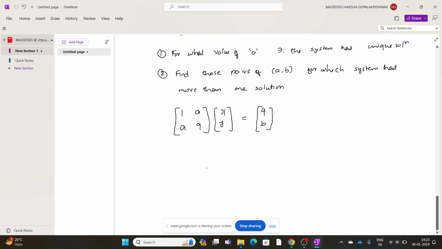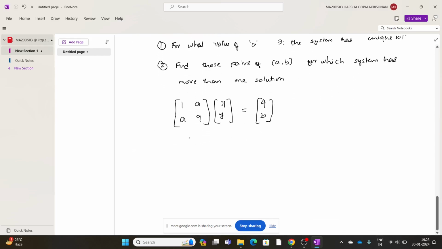Now we will write the augmented matrix from here. Augmented matrix means we will take A and B together. So that is (1, a, 4; a, 9, b). Now we need to find the row echelon form.